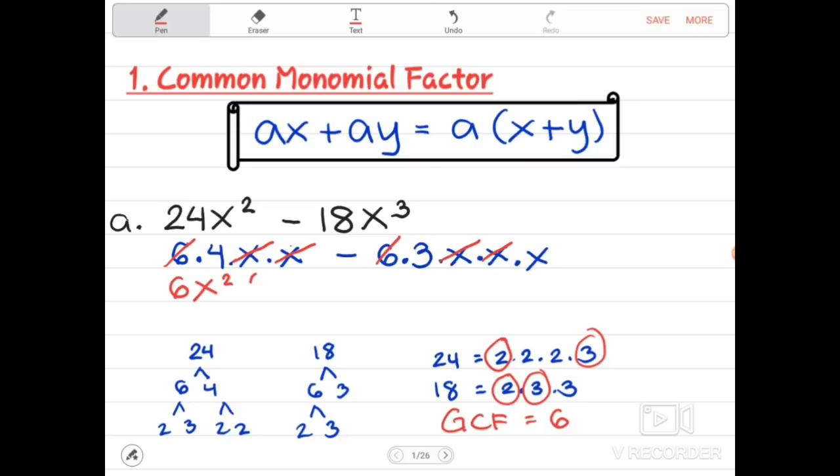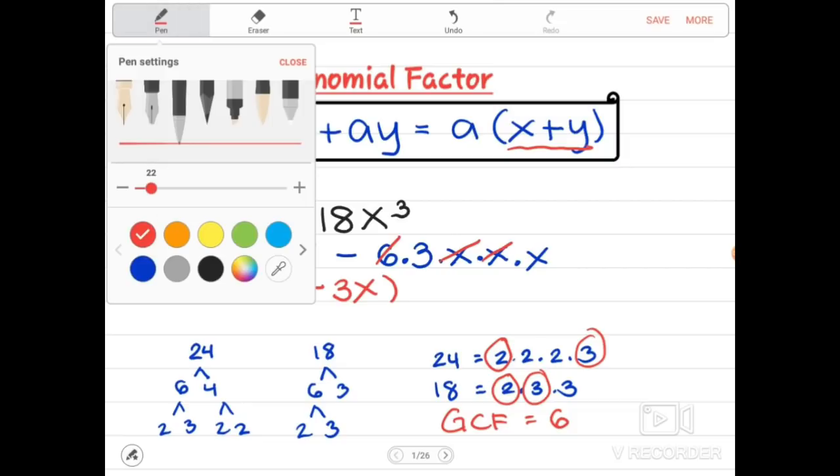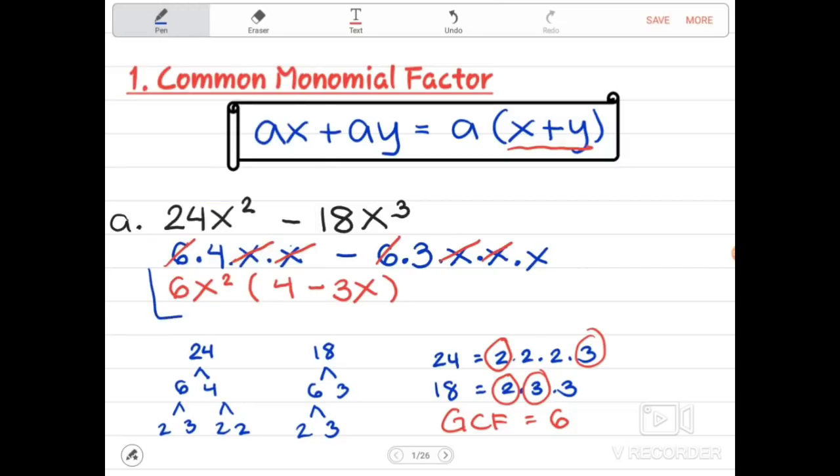So ano yung matitira? Matitira doon, yun yung nasa loob, ito yung parenthesis nandito sa formula natin. So ang natira dito is 4 minus 3x. So ito na ang ating common monomial factor, ang pinaka-common monomial factor natin dyan is yung 6x squared. Okay? So ganyan lang yan.